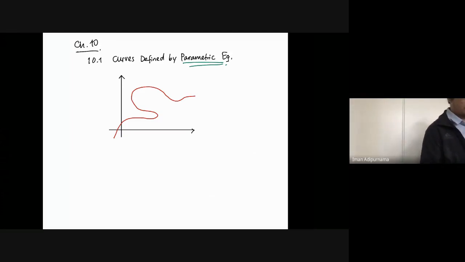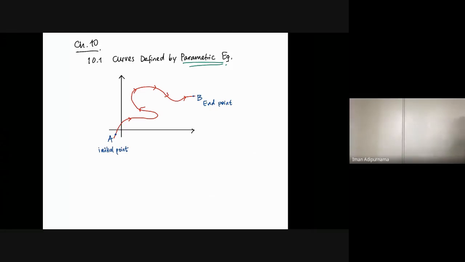And imagine that it's like an object moving from one point, let's say from point A to point B. So A, we call A the initial point. B is the end point. Okay. To give you the idea of what we are talking about.